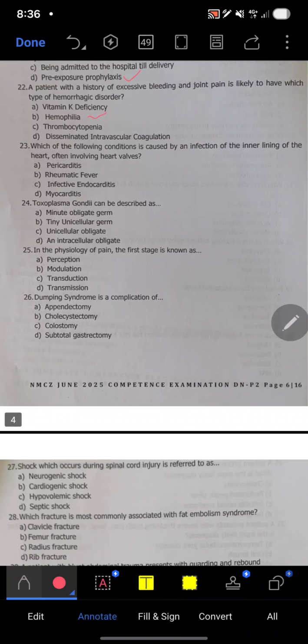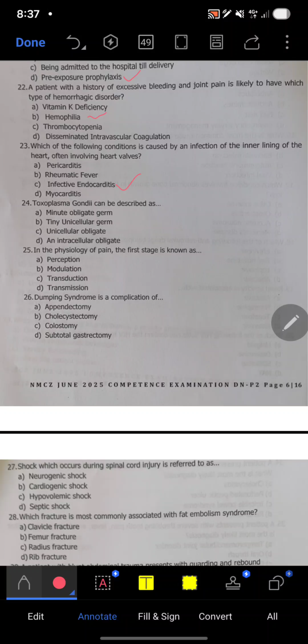Question 23. Which of the following condition is caused by an infection of the inner lining of the heart, often involving heart valves? The correct answer here is, of course, C, which is infective endocarditis.